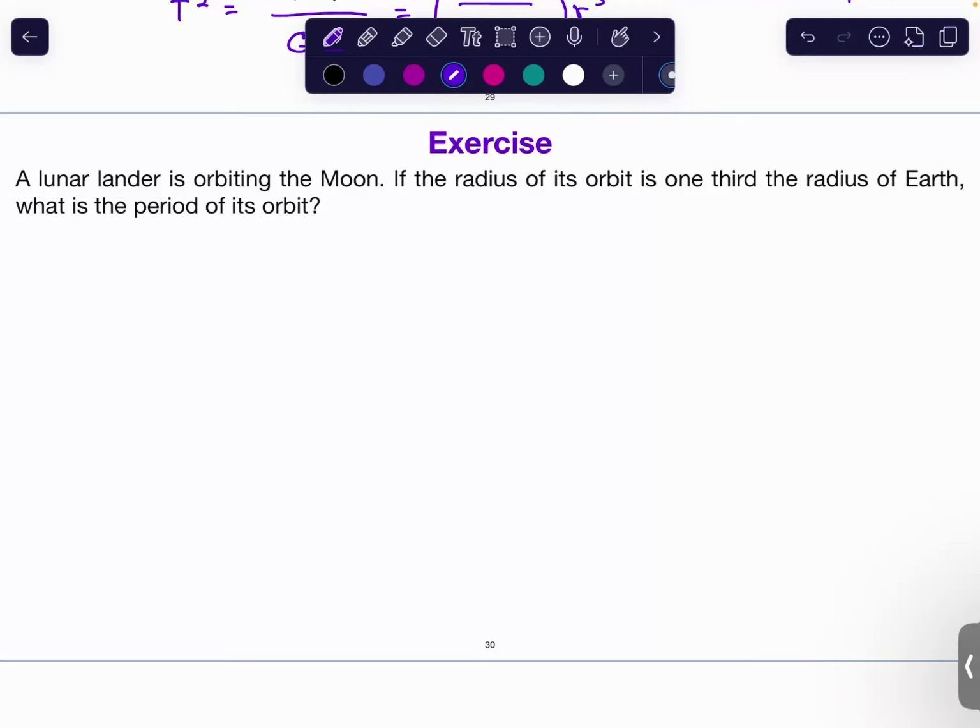Let me see. Well, the first thing I'd be thinking of is KSP. They were talking about KSP. Which constant is that?